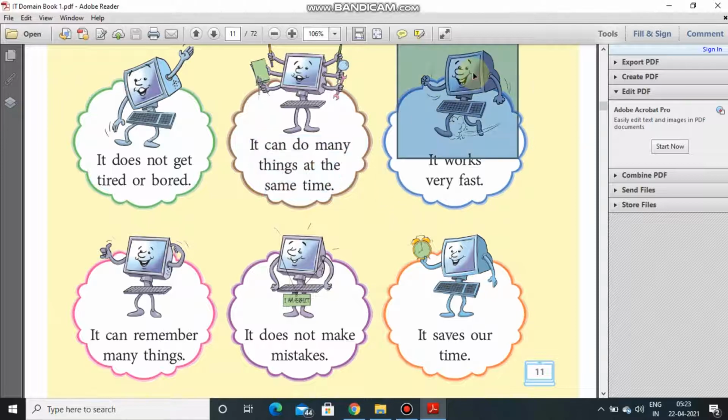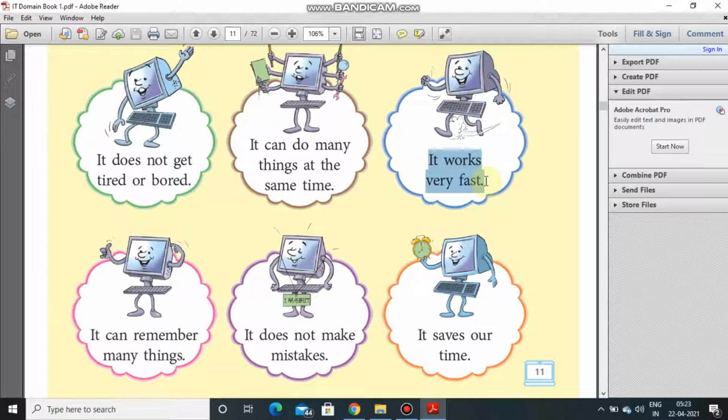Now the third feature is that it can work very fast. Computer can work very fast. It can calculate and evaluate millions and millions of calculations in just a couple of seconds. So it can work very fast.